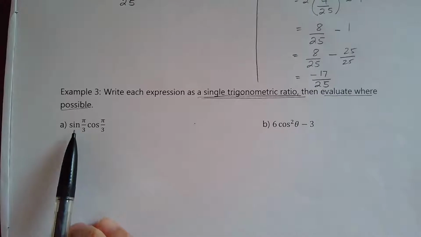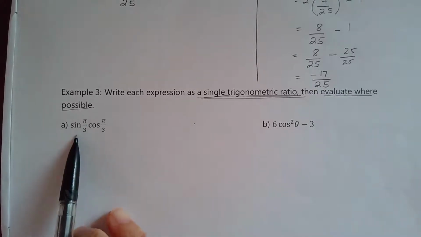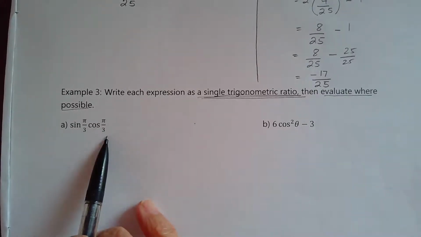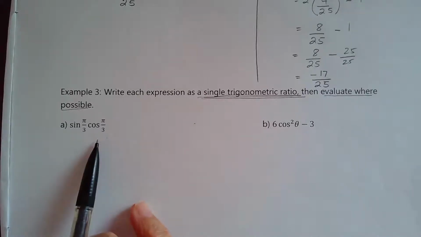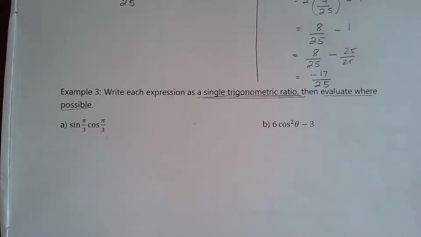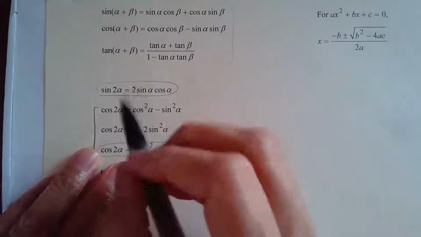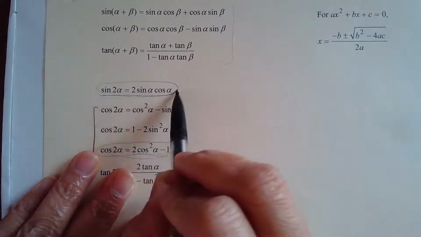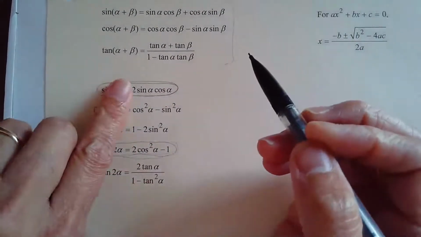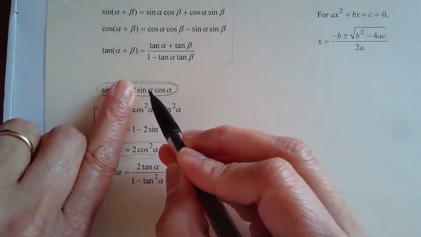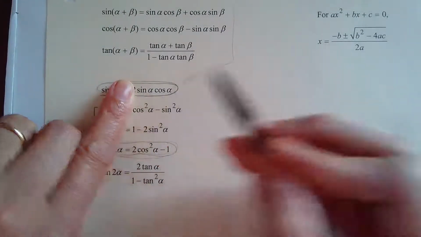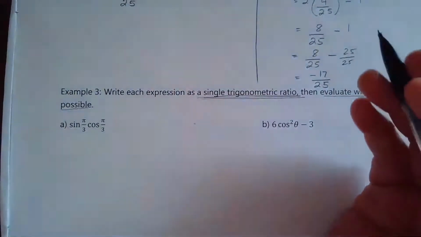So if you have sine pi by 3 times cos pi by 3, we can take a look at this one in here. So sine of pi by 3 and then cos pi by 3. So I'm just going to write that down for a second here.